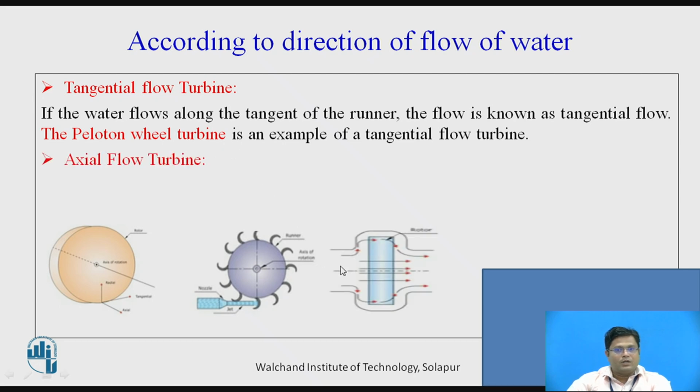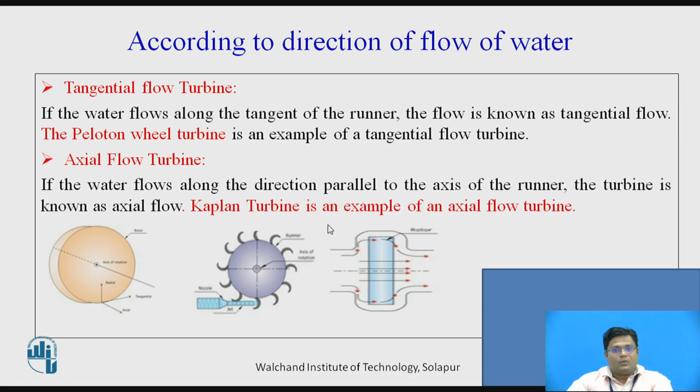If the water flows in axial direction, meaning here in this image the runner shaft axis is horizontal, and water flows parallel to the axis of the turbine, then it is called an axial flow turbine. The example of the axial flow turbine is the Kaplan turbine.